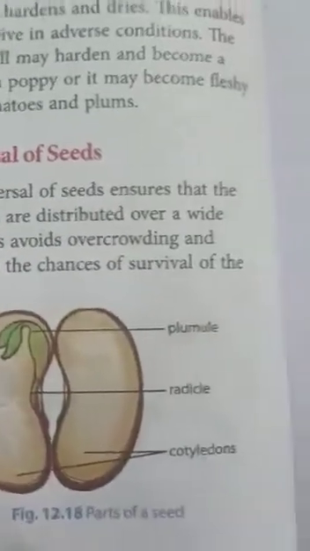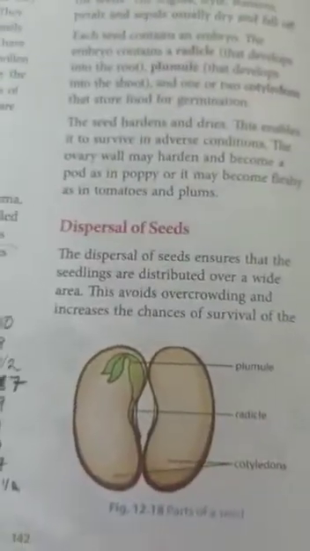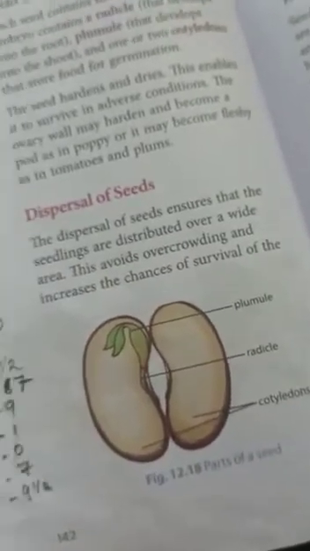Okay. Next we have dispersal of seeds. After the seeds are matured inside the plant, those seeds are dispersed by certain agents like wind, animals, water, and explosive dispersal.